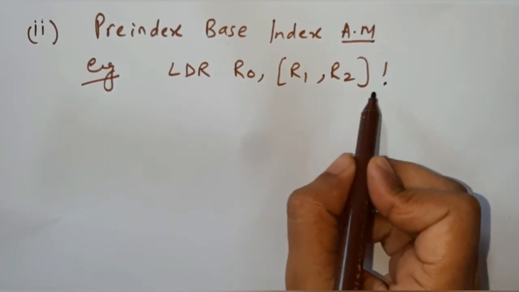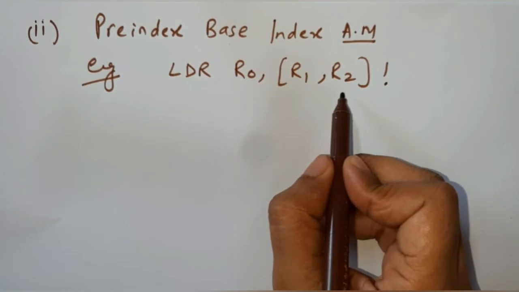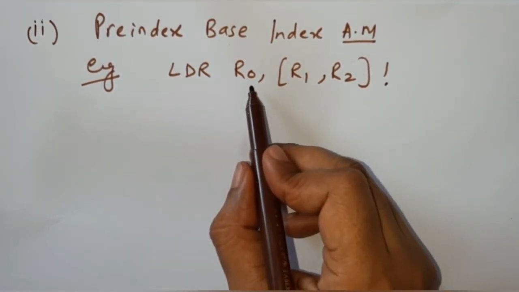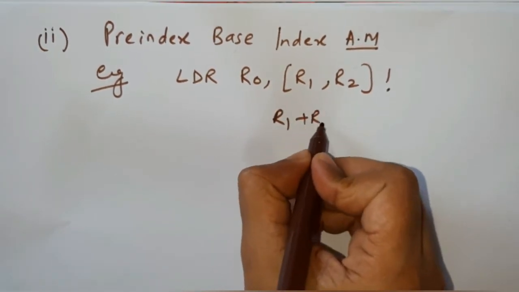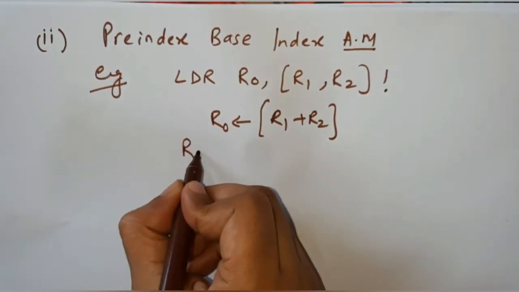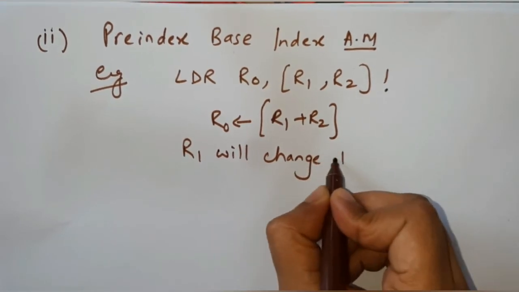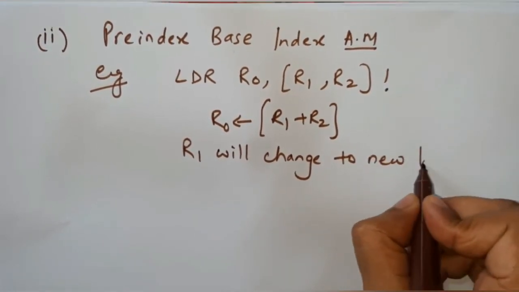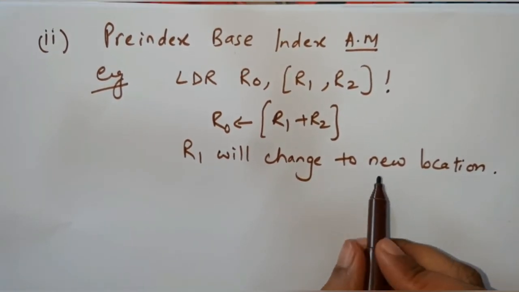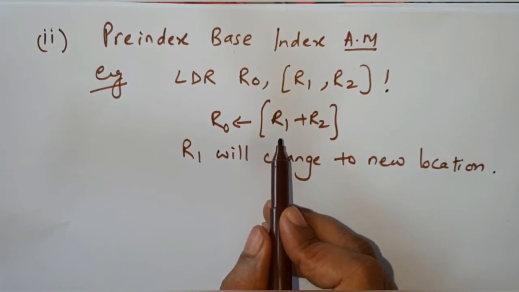So first the pre-indexing is done, the pointer will be moved to the new location, then data will be moved from the new location to the register R0. As in the previous example, now R1 will be changed to the new location 3008.